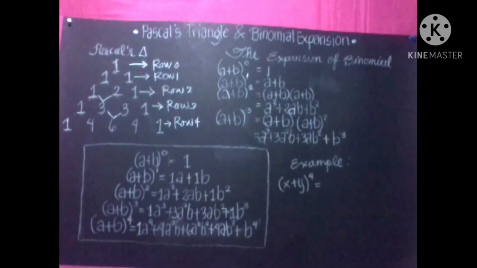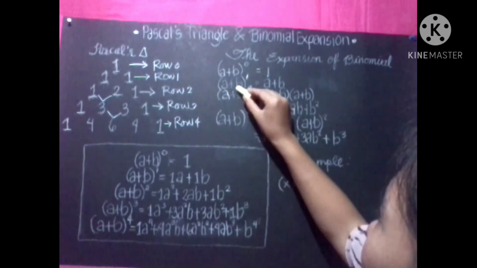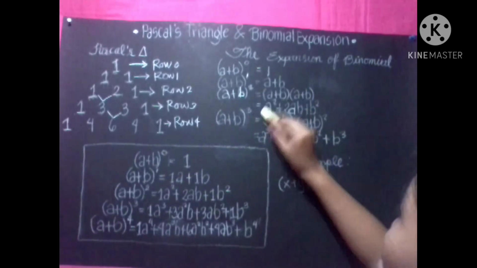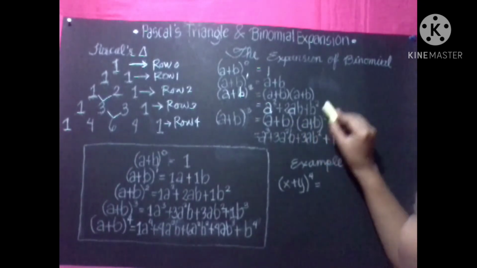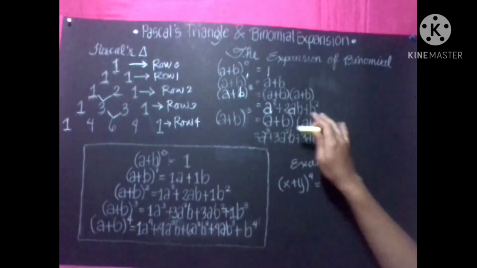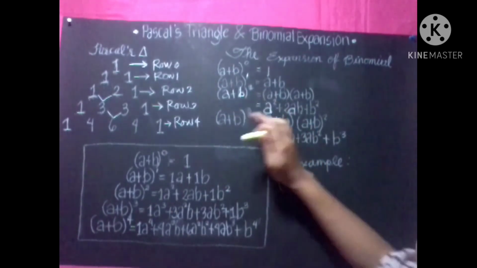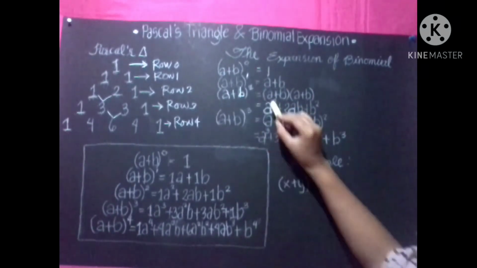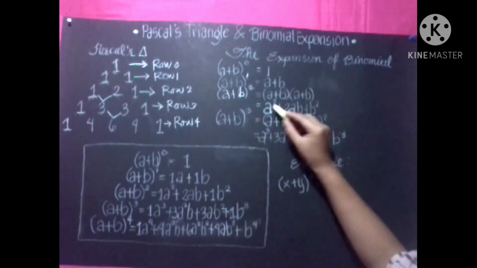Another thing that we noticed is that, for example, (a plus b) squared: the result is a squared plus 2ab plus b squared. I noticed that the exponents are the same as the power. If the power here is 2, or it is raised to the second power, the exponents also add up to the same.